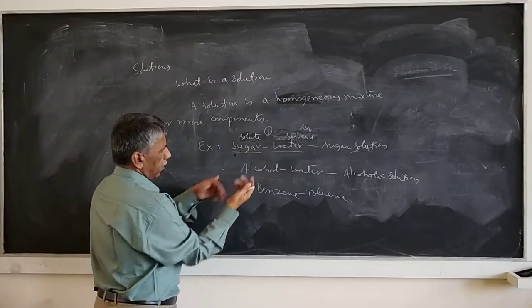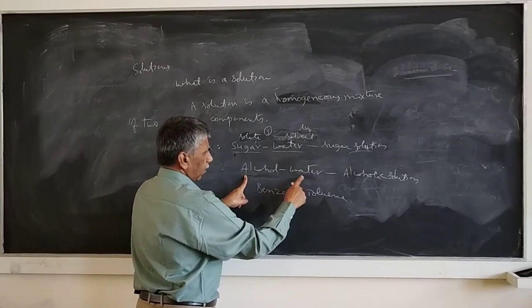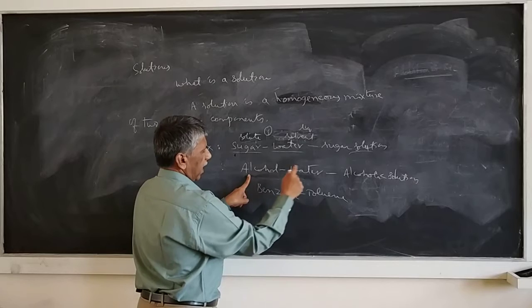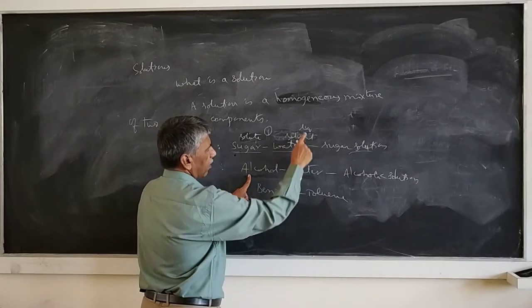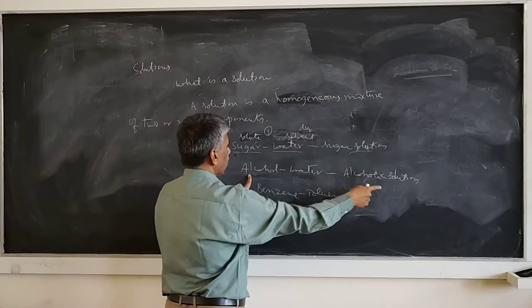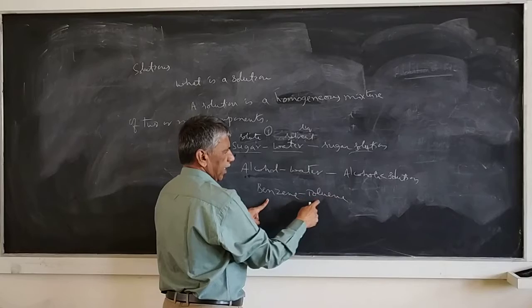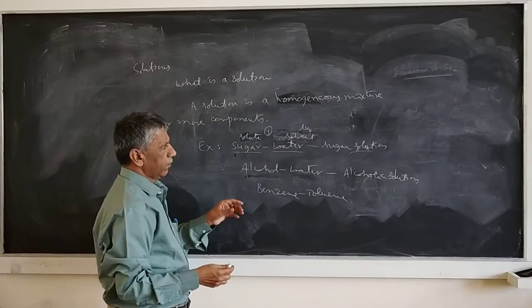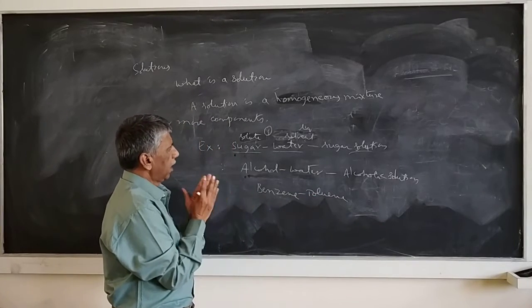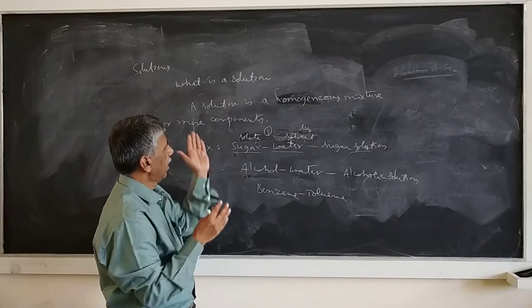Coming to example number 2, here this is solute and this is solvent, but both are liquid. So it is a solid-liquid solution, and this is a liquid-liquid solution. So this is briefly about the different examples for a solution.